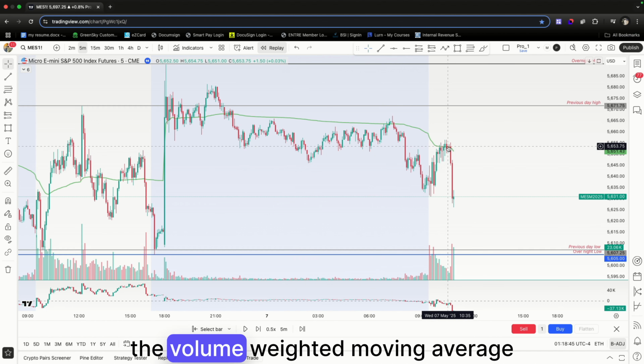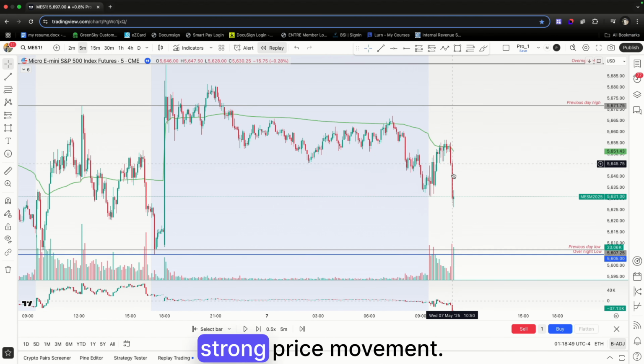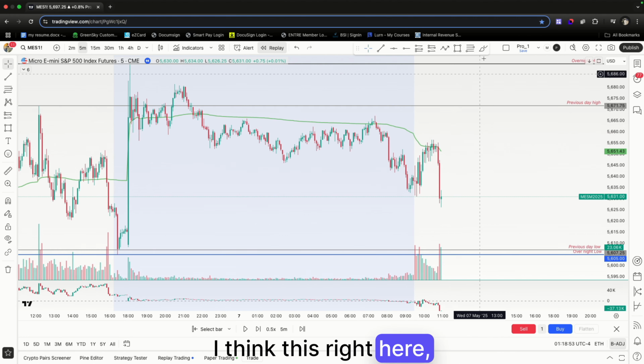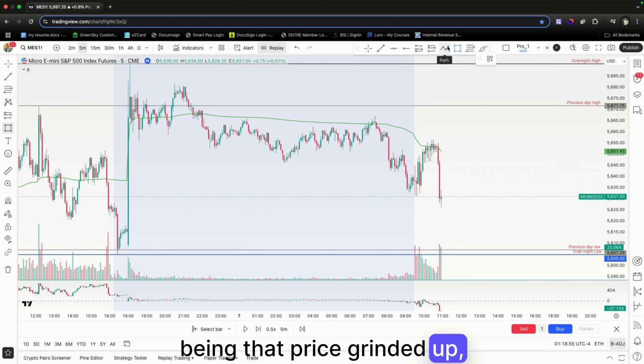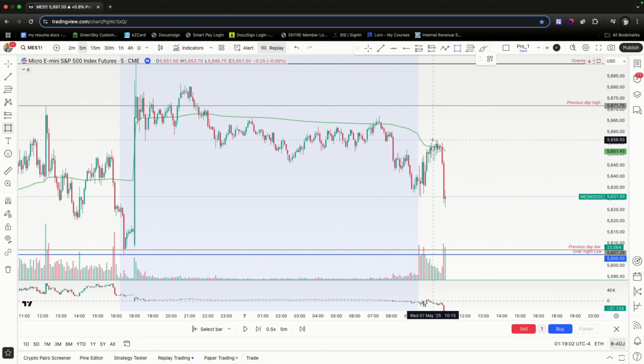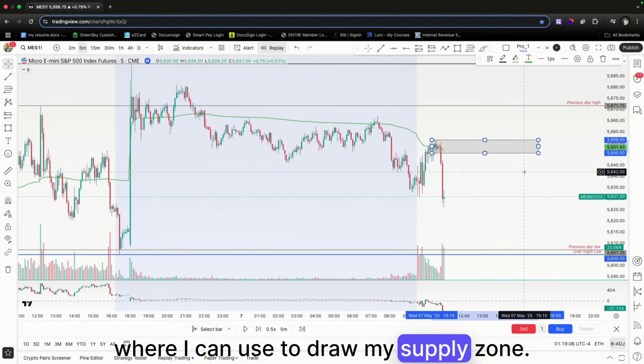Now, the volume weighted moving average is sitting right at this level. Now we have strong price movement. So, I think this right here, being that price grinded up, we can call this supply. I got this nice red candle right here which I can use to draw my supply zone.